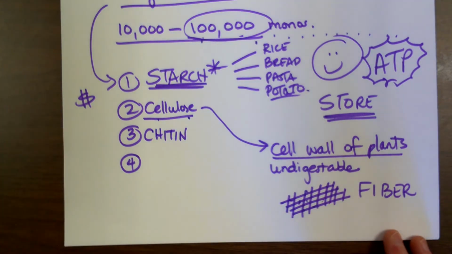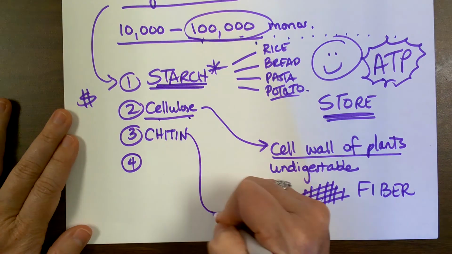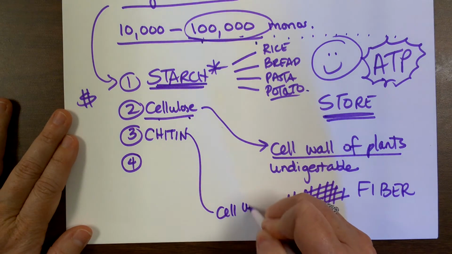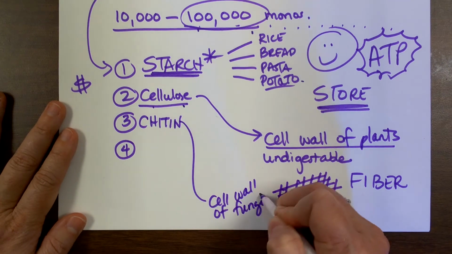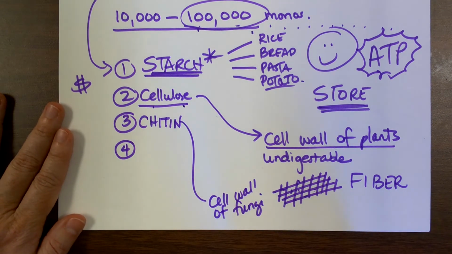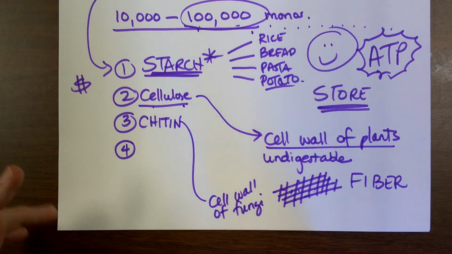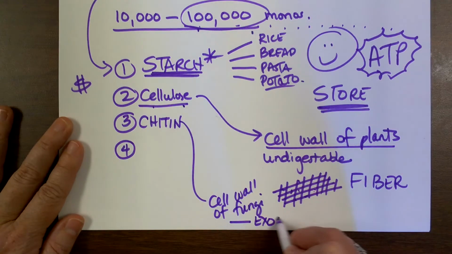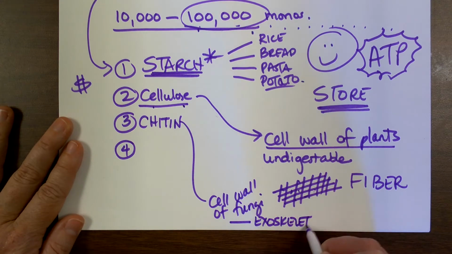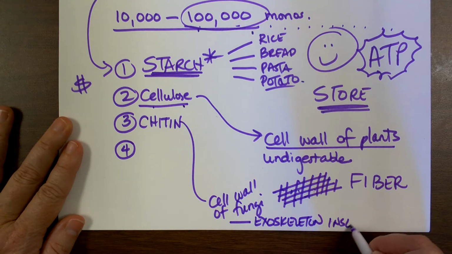Chitin next. Chitin is in the cell wall of fungus. Okay, and it helps mushrooms have sturdy, rigid cell walls because they don't have a skeleton. But it's also in the exoskeleton of insects.